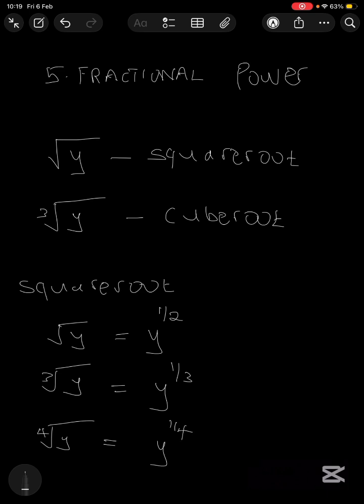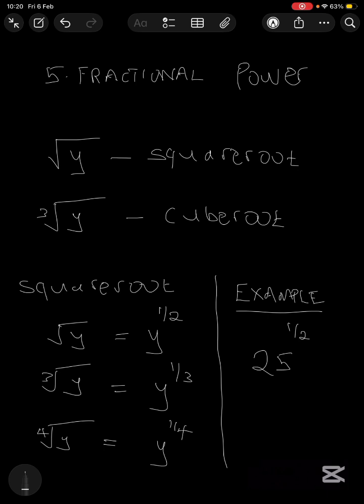Let me give you an example here. Example, 25 power 1 over 2. Power a half means square root. So what is the square root of 25?